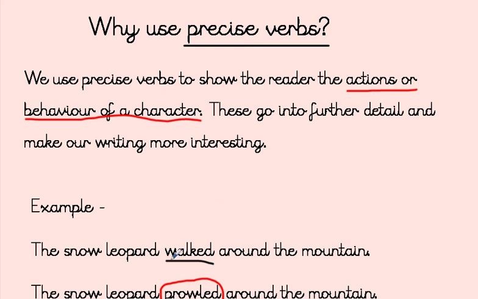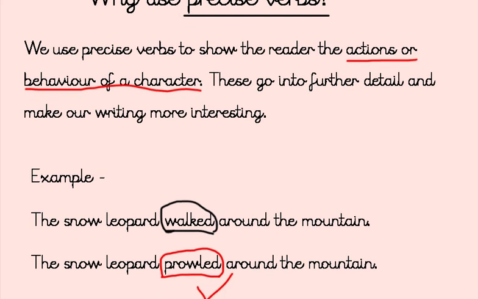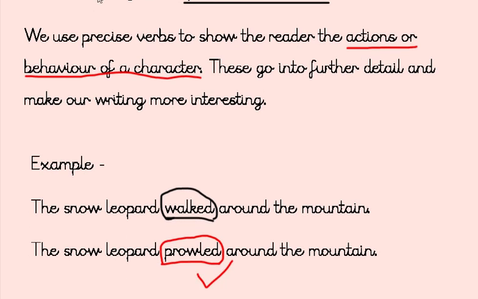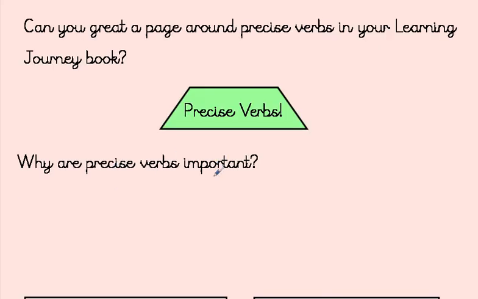Walked is a very general verb, but it's quite boring, and you don't really know how they might be walking. Whereas prowled is very specific, and it tells us that the leopard was creeping around the mountain. So it's much more specific, and that is why precise verbs are very important.